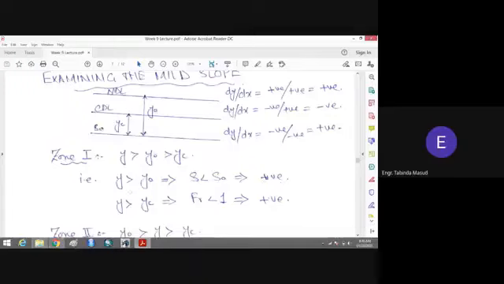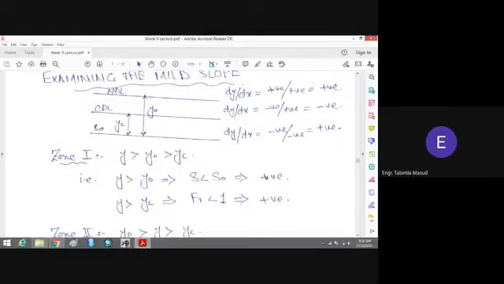Similarly, for the denominator, y is greater than yc, a subcritical flow. Therefore, Froude number is less than 1, and again we will get a positive value for the denominator. So in zone number 1, dy by dx is equal to plus divided by plus is equal to plus.